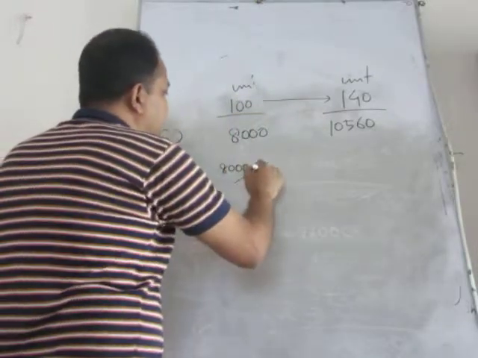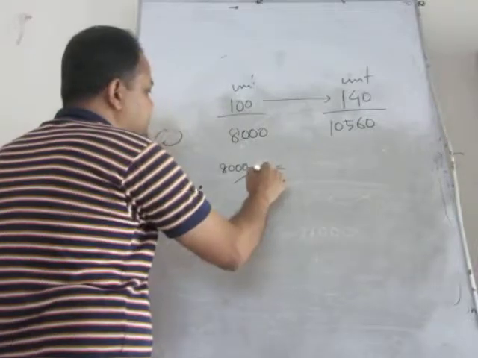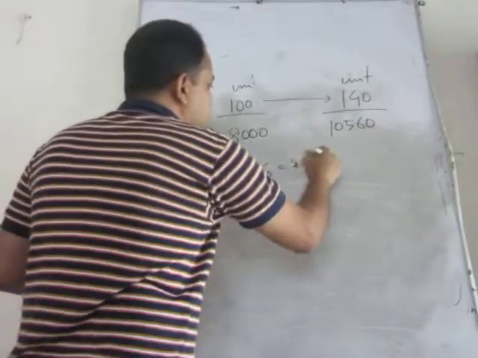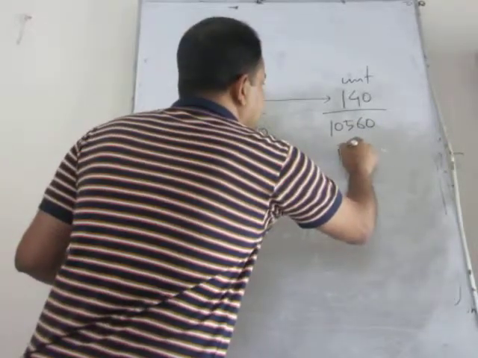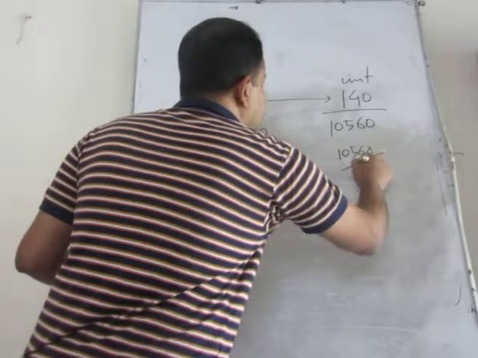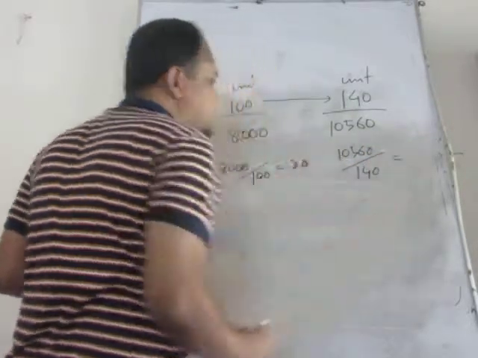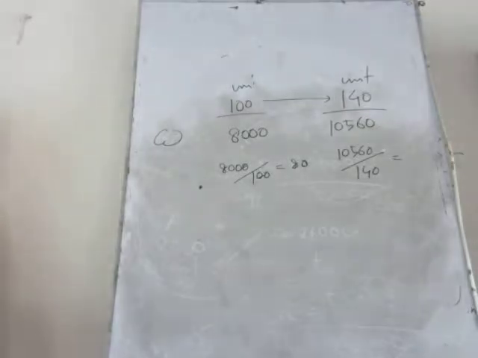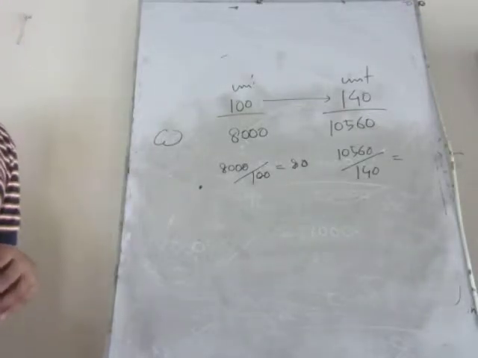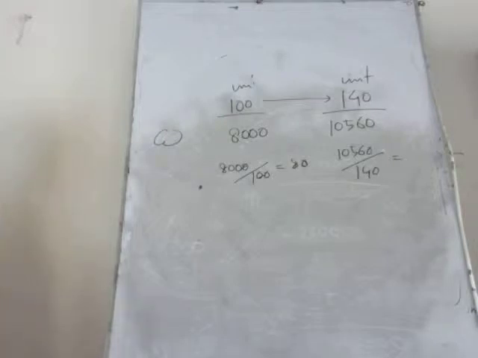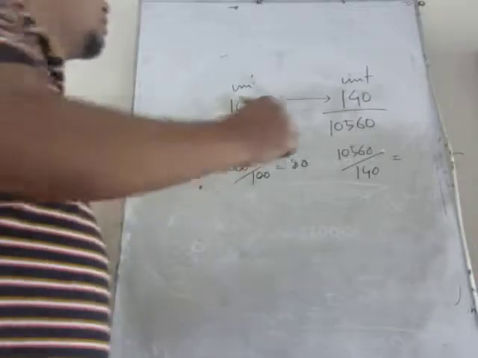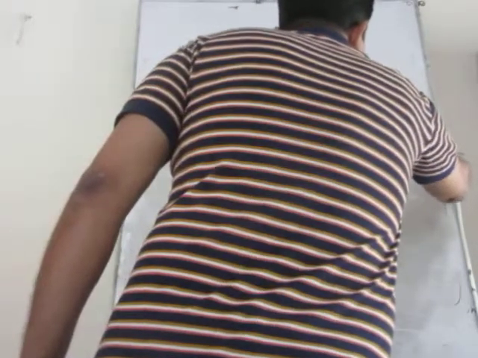8,000 ভাগ 100 means কত? 80. 10,560 by 140 কত আসে একটু বলতে পারো? ক্যালকুলেটর আছে কার কাছে? কত আসে? দেখো, 75.44.